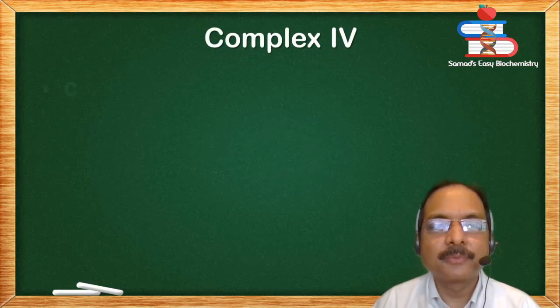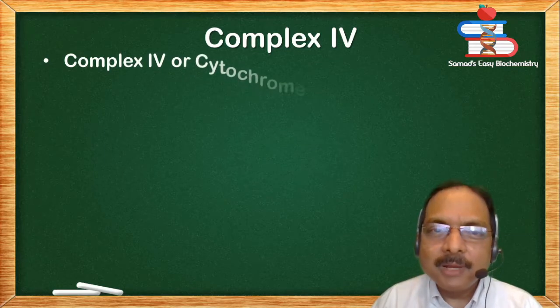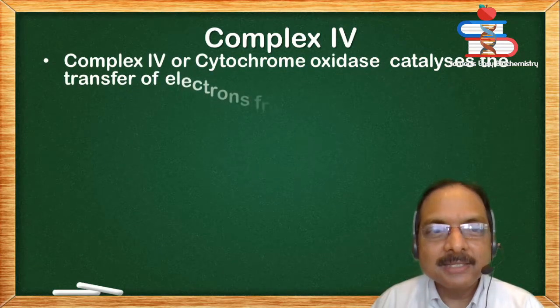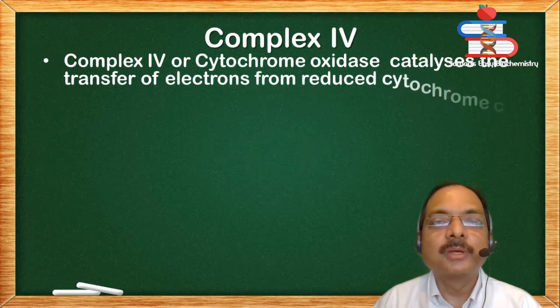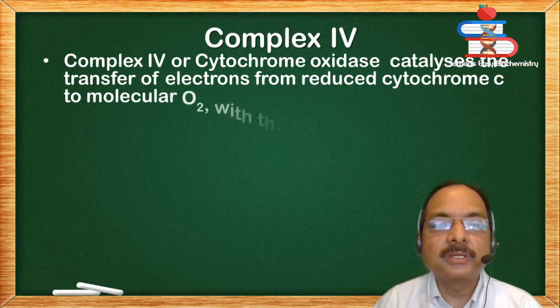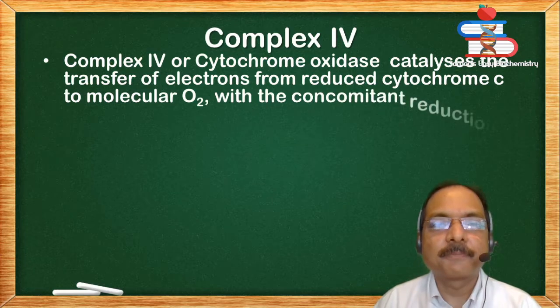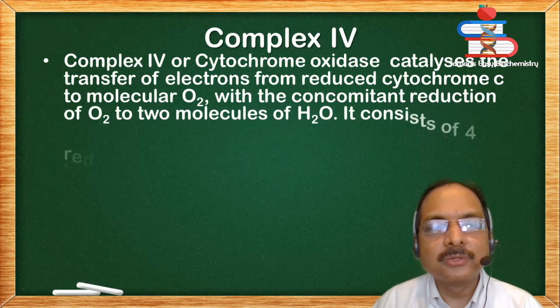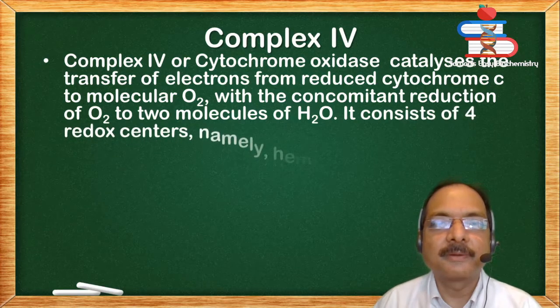Complex 4. Complex 4 or cytochrome oxidase catalyzes the transfer of electrons from reduced cytochrome C to molecular oxygen with the concomitant reduction of oxygen to 2 molecules of water.